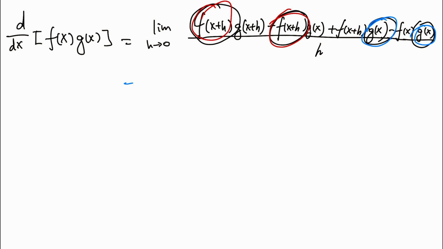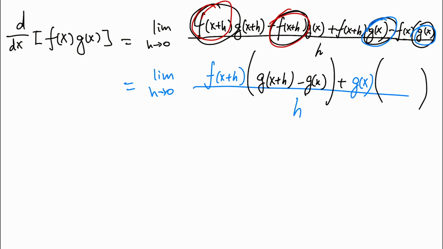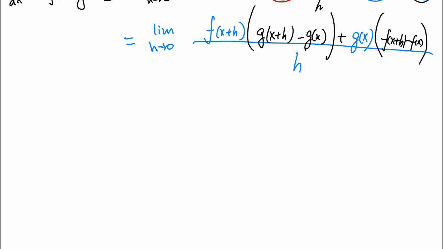So that would just be the limit as h approaches 0 of this all over h, and the numerator would just be f of x plus h times this g of x plus h minus g of x plus this g of x thing, so plus g of x times f of x plus h minus f of x.